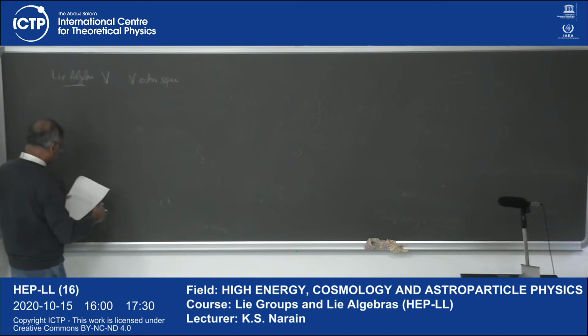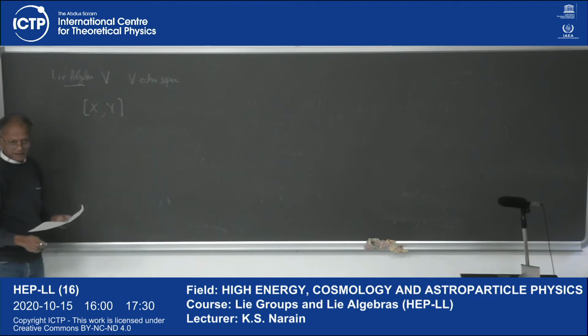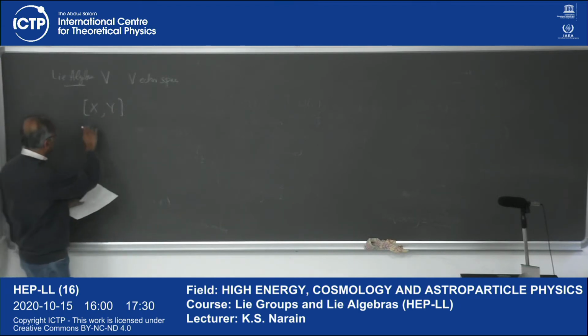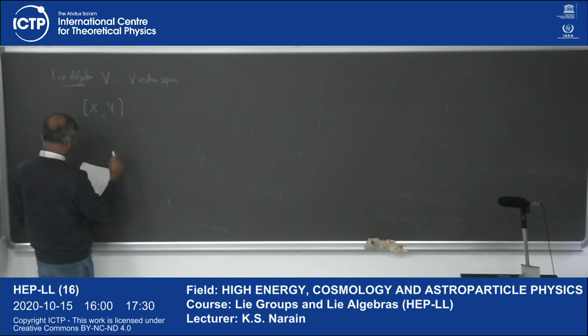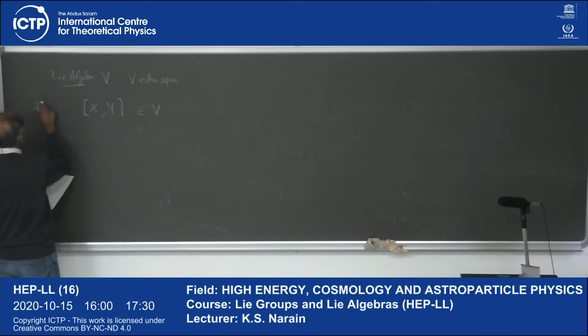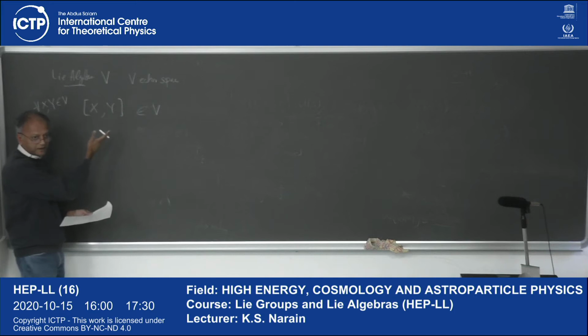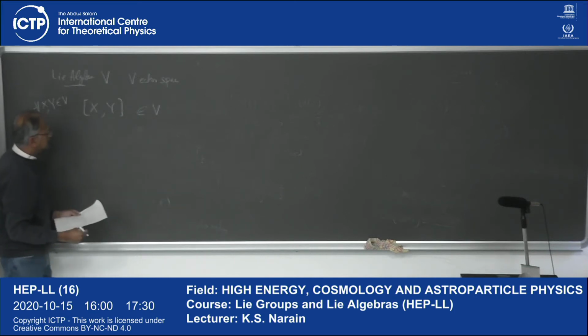And then the most important new feature here is that there is something which we call a commutation relation. This bracket of x and y is again inside V for all x, y belonging to V. But the most important thing about it is that it is antisymmetric.